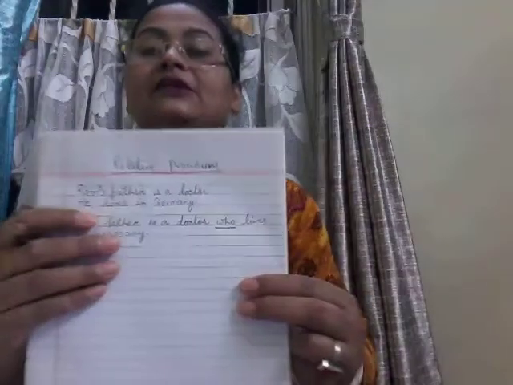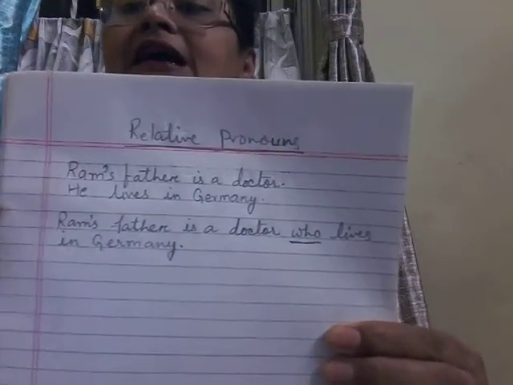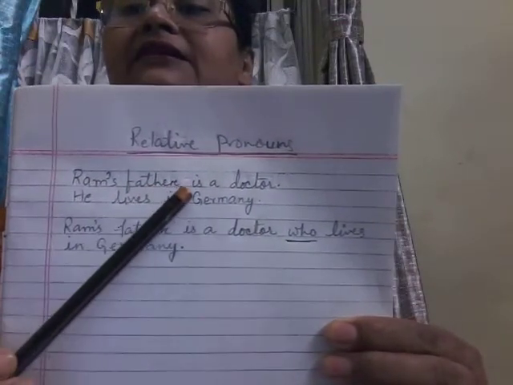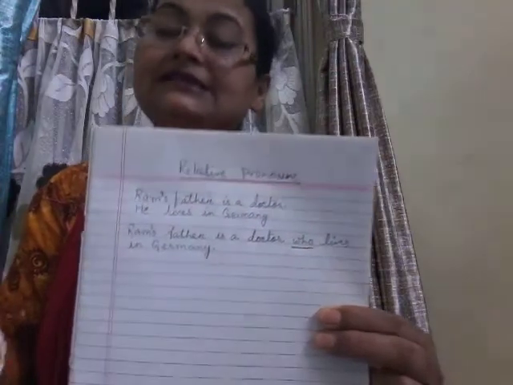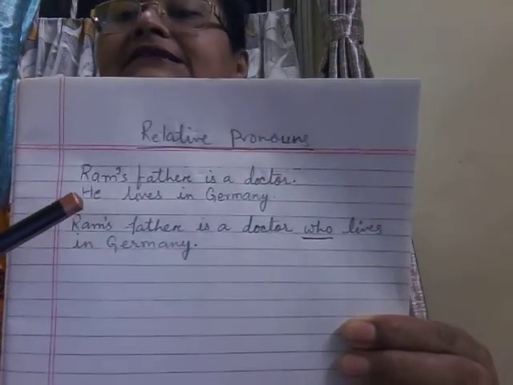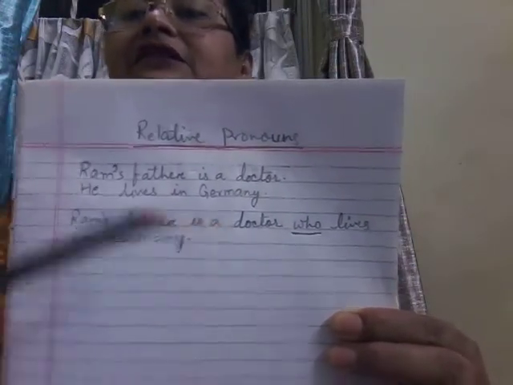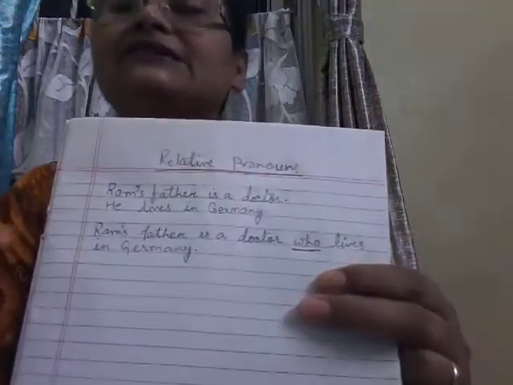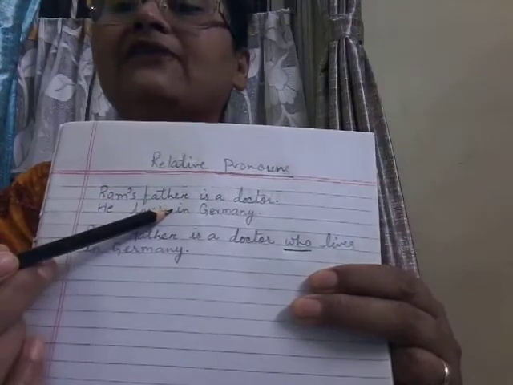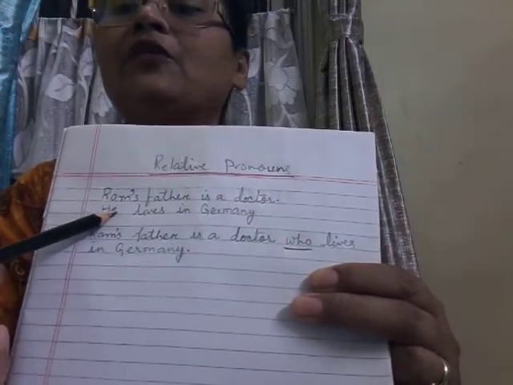I'll give you one example. See, I have written two sentences. The first sentence is: Ram's father is a doctor. The second sentence is: He lives in Germany. In these sentences, Ram's father and he are the same person, isn't it?